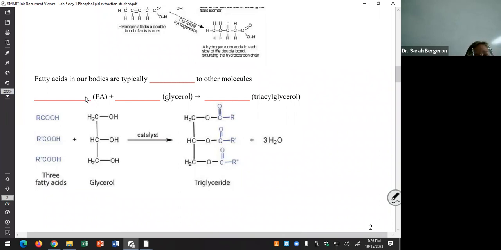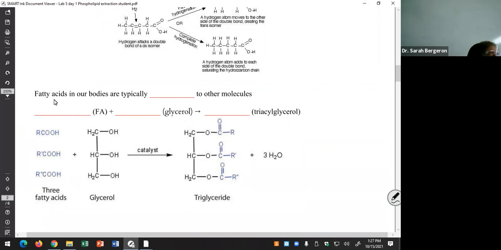All right. So fatty acids are typically not found as free fatty acids. Typically in our bodies, they're esterified to other molecules. Esterified, right? So what happens in esterification?